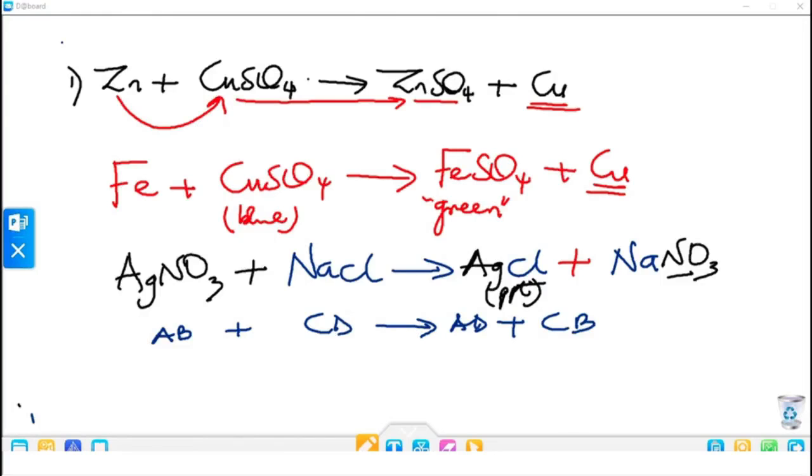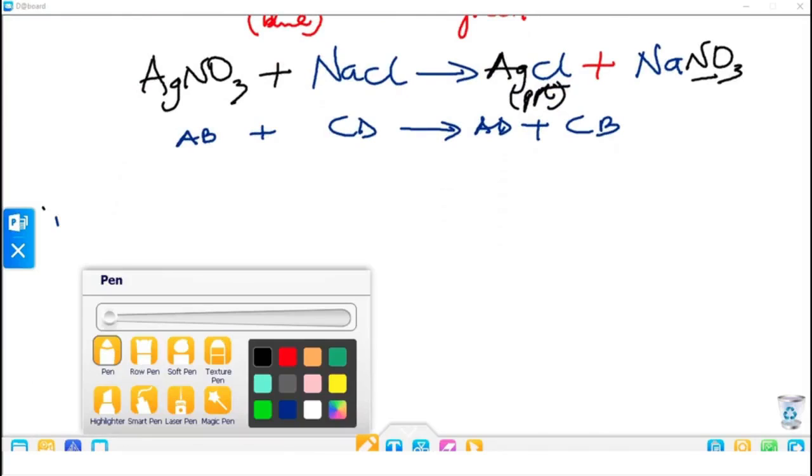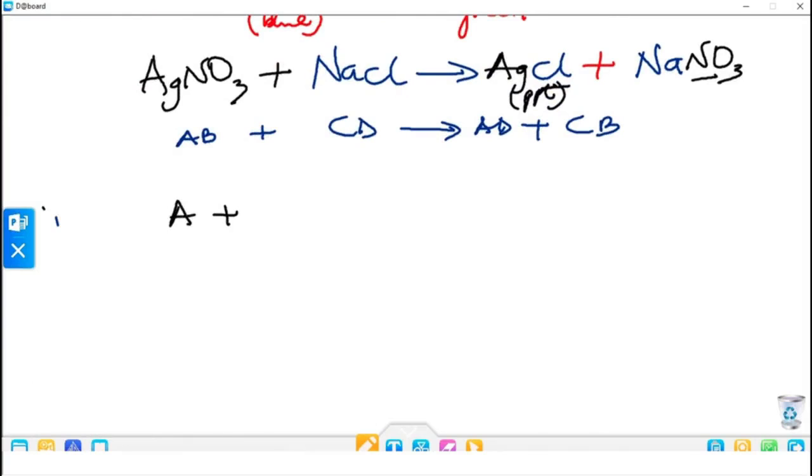Take, for example, if A combines with B and the product is going to be T under normal conditions. If a catalyst is involved, this is our catalyst, it cannot determine the type of product that will be formed.